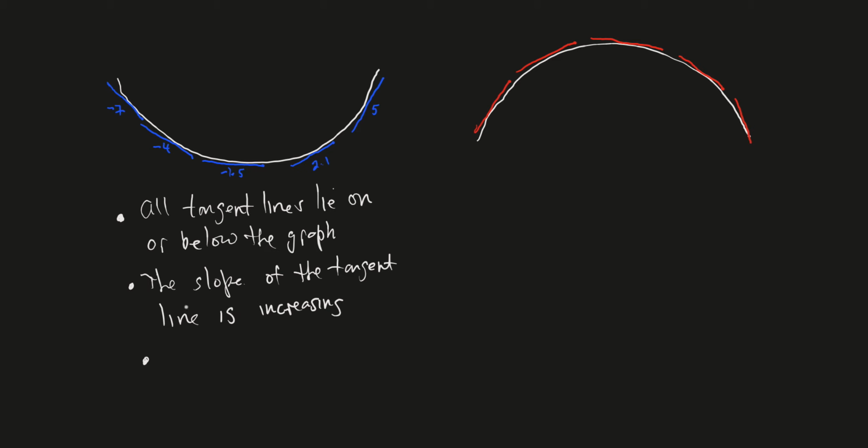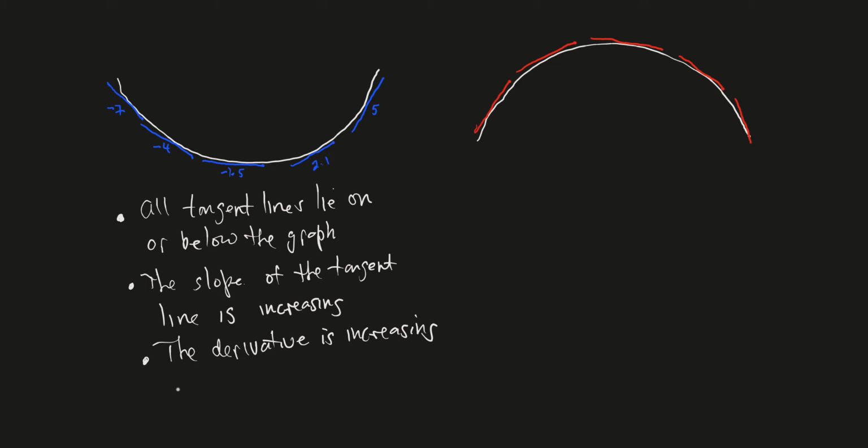Take out this phrase, slope of the tangent line, and insert the word derivative, because we know the derivative is the slope of the tangent line. So the derivative is increasing.